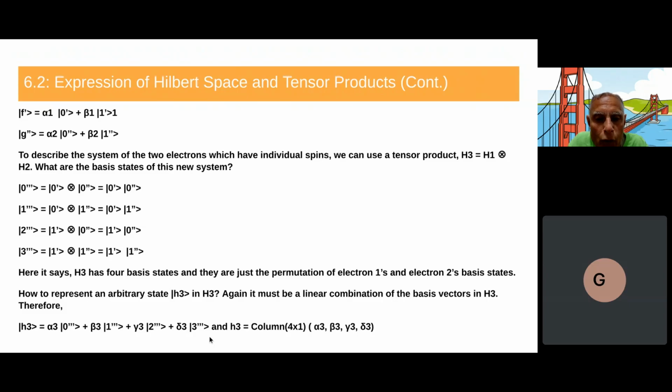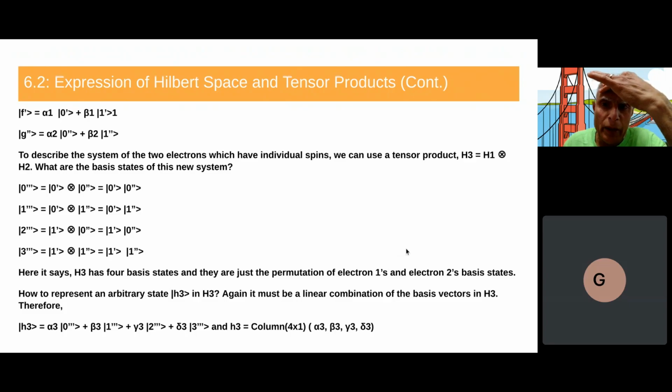But in terms of a column matrix, if you want to write H3 itself, we represent a 4 by 1 column. I'm writing it as a row here, but this is a 4 by 1 column: alpha 3, beta 3, gamma 3, delta 3. Those are the weightages, that is, the coefficients. So the representative of H3 will be those 4 in a 4 by 1 column.